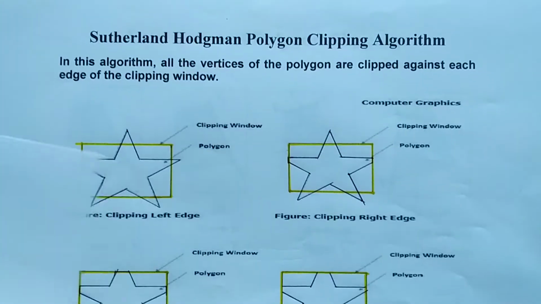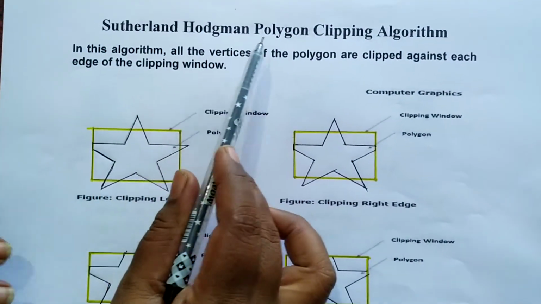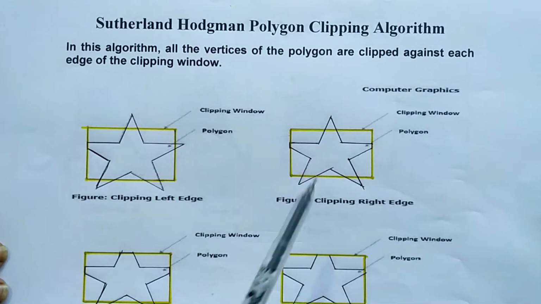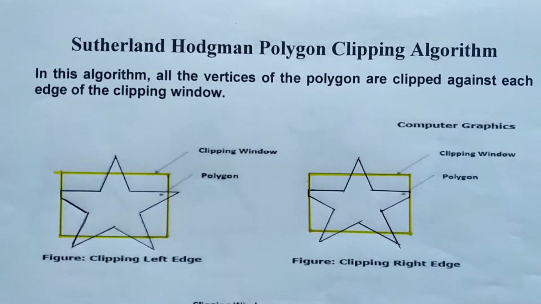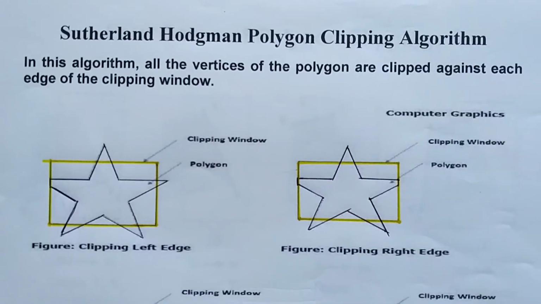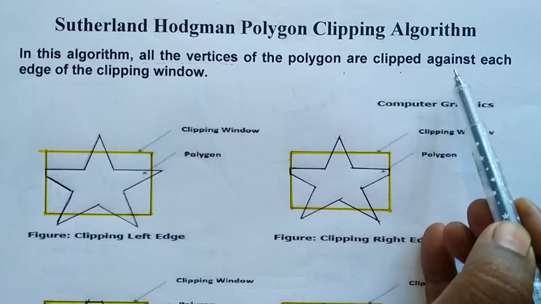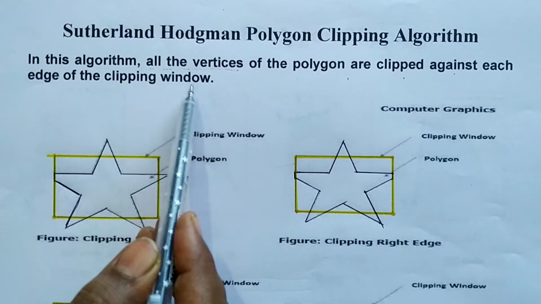The algorithm is called the Sutherland-Hodgman polygon clipping algorithm. This is for clipping the polygon, right? So in this algorithm, all the vertices of the polygon are clipped against each edge of the clipping window.